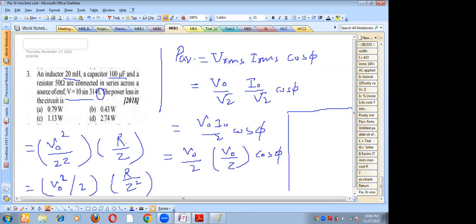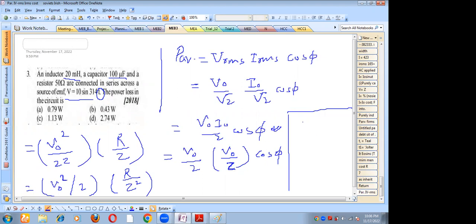Let us see. This you understand, right? Yes. So we have put I naught equal to V naught by Z. Okay, sir. Got it.